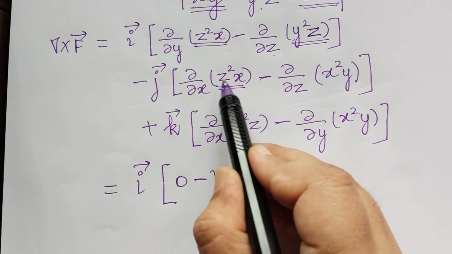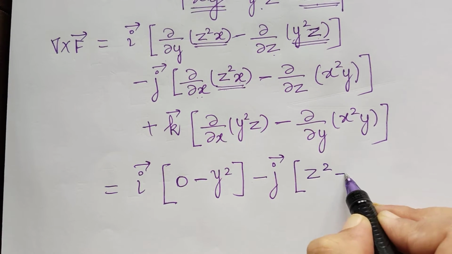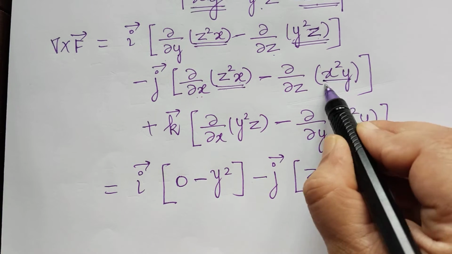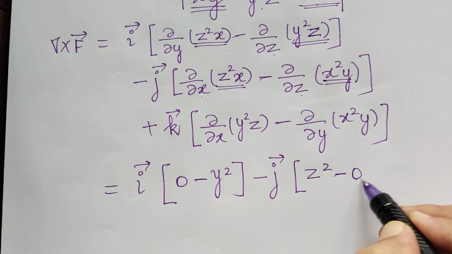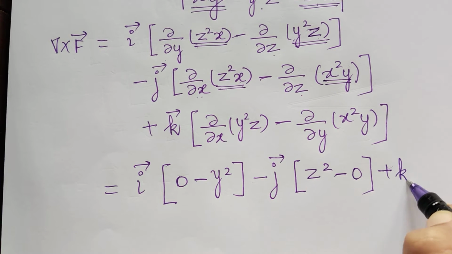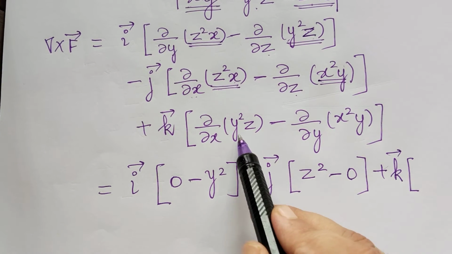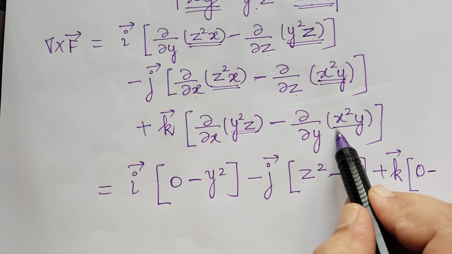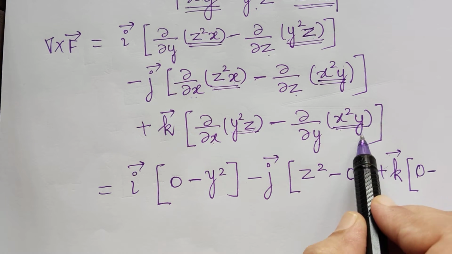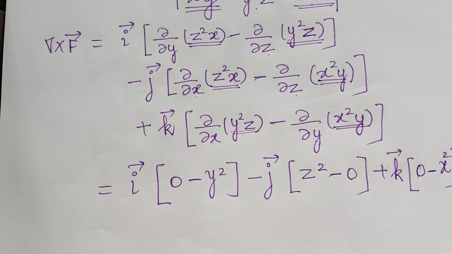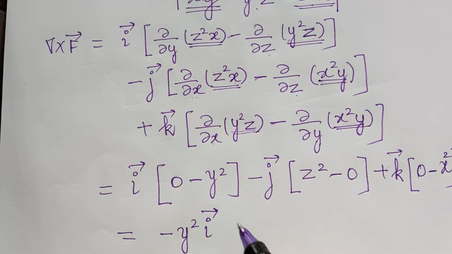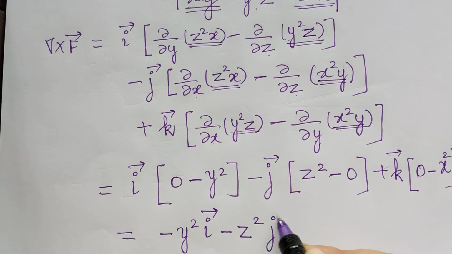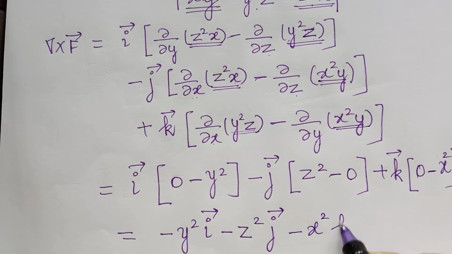For x it is 1, so z square will come as it is, minus partial differentiation of x square y with respect to z, which turns out to be 0, plus k vector multiplied with partial differentiation of y square z with respect to x, which is 0 as there is no x term in this, minus partial differentiation of x square y with respect to y. Differentiation of y is 1, and we will have x square. So therefore, it will be negative y square i vector, negative z square j vector, negative x square k vector.